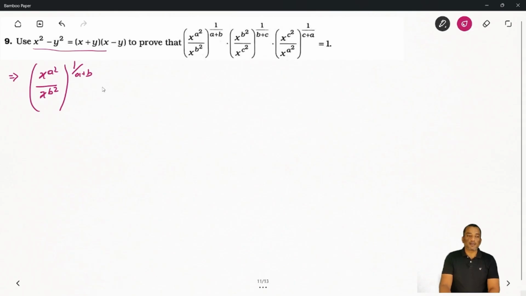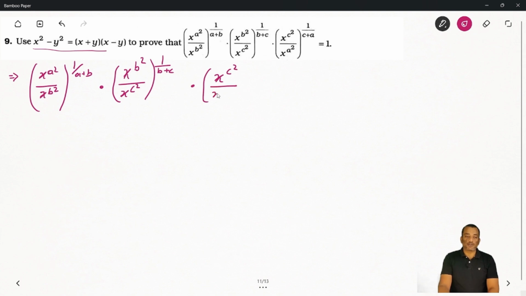Okay, then multiply with x to power b square by x to power c square and whole you can say 1 by b plus c. Okay, same way you can say here x to power c square by x to power a square and whole is 1 by c plus a. Okay, this is your left side, LHS.